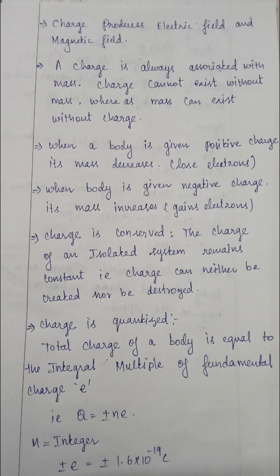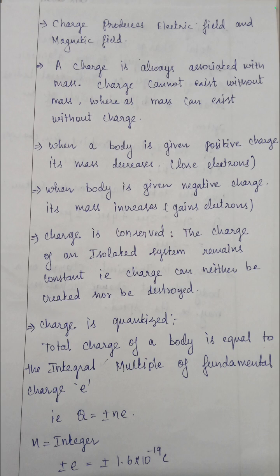And charge is always associated with mass, meaning charge has mass. The mass of an electron is 9.1 × 10^-31 kg. So mass is transferred during charging of a substance. Charge cannot exist without mass, whereas mass can exist without charge.